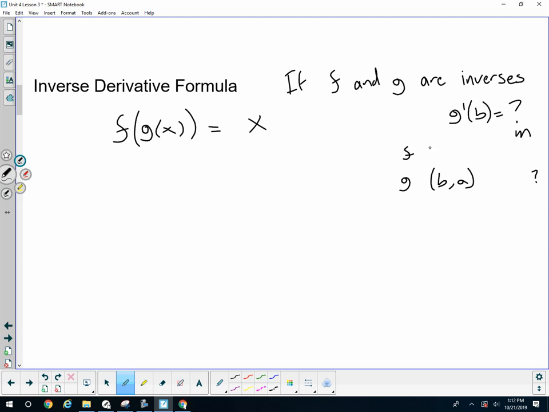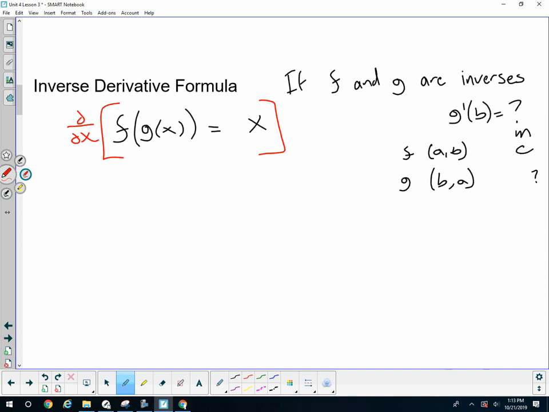And just for information, we knew f has the point a, b, and the slope was c. Trying to find the slope of g at this point b. We think it's 1 over c. Let's confirm it this way. I'm going to create a formula for g prime by taking the derivative of the definition of what it means to be an inverse, f of g of x equals x.